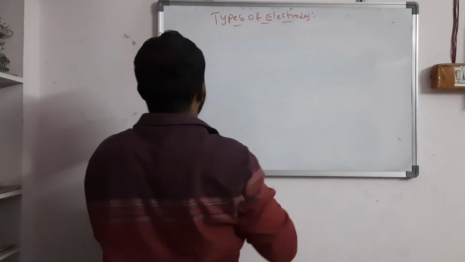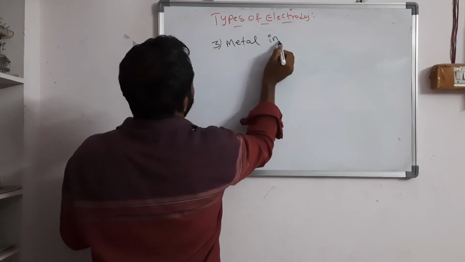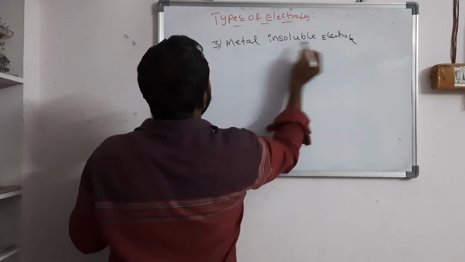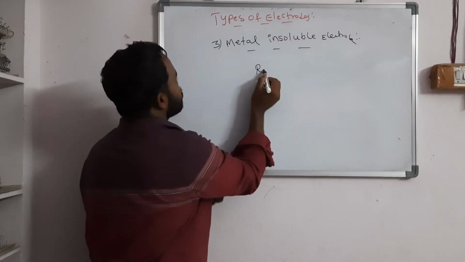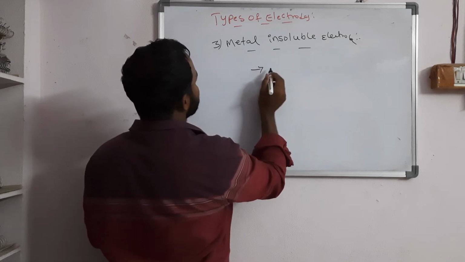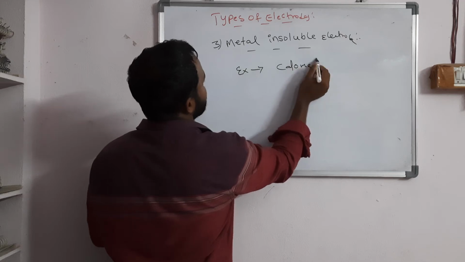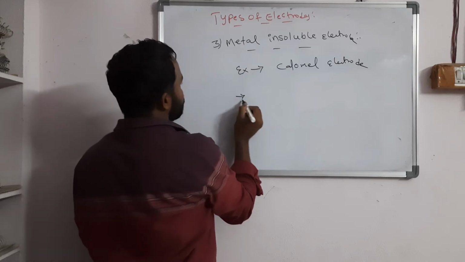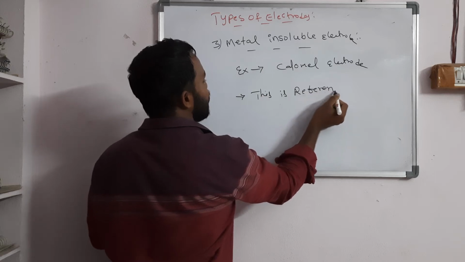The example for this is the calomel electrode. In the metal insoluble electrode, you should take a reference electrode, that is the calomel electrode. The first point you should write: an example of this electrode is the calomel electrode, and this is used as a reference electrode.